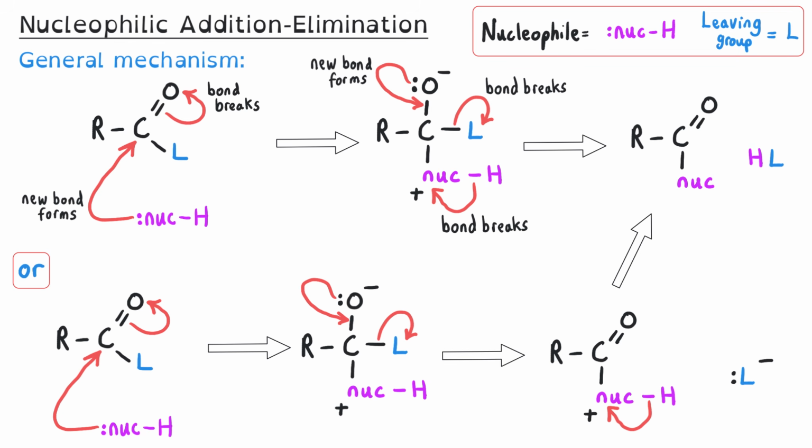This mechanism has a lot in common with nucleophilic addition, unsurprisingly because of its name. Nucleophilic addition also in stage 1 has the exact same curly arrows. The difference between addition and addition-elimination is that the nucleophile in addition is always going to be negatively charged, and so that means the intermediate in nucleophilic addition will always simply have the 1 charge of being negative on the oxygen.